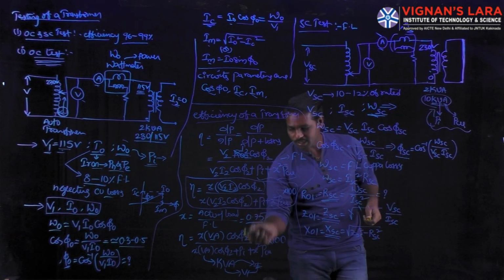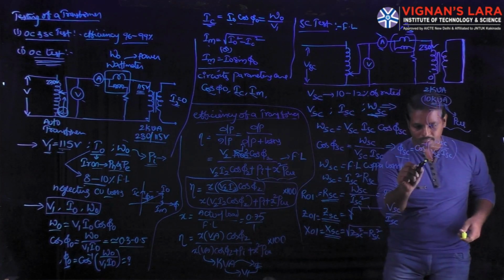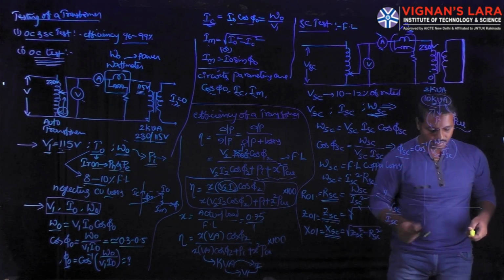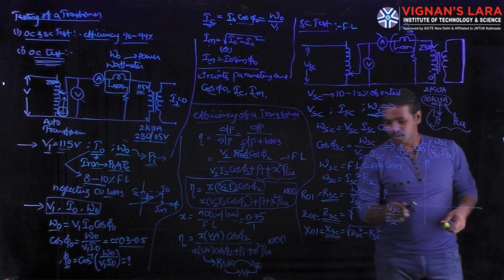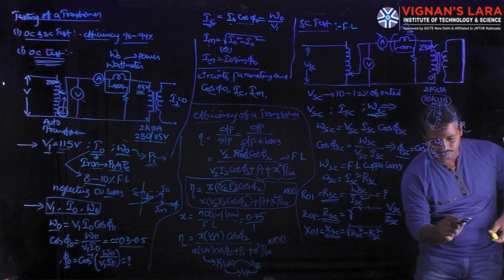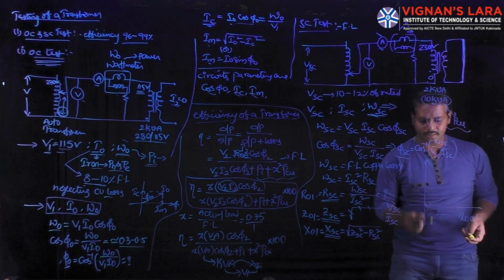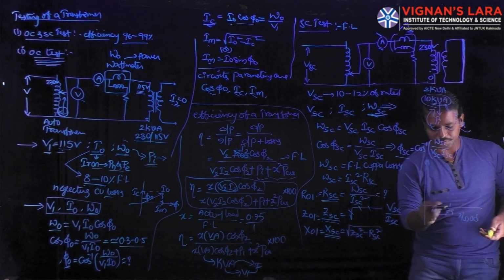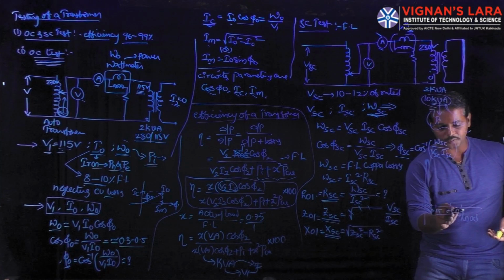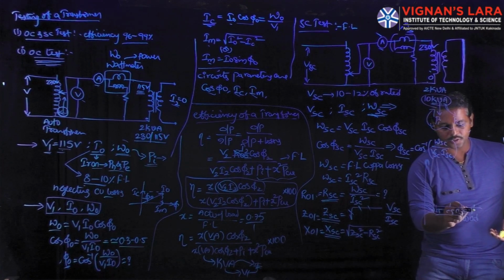Based on this equation, we can draw the characteristics between efficiency versus load. The load x is equal to 0.25, 0.5 which is 50% of load, and 0.75, up to full load.